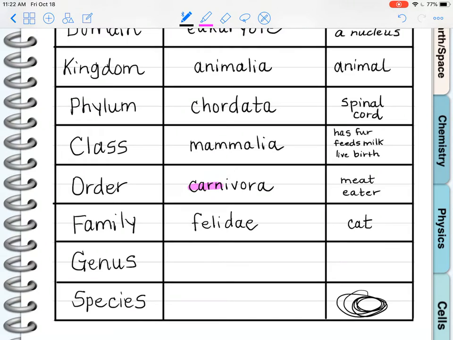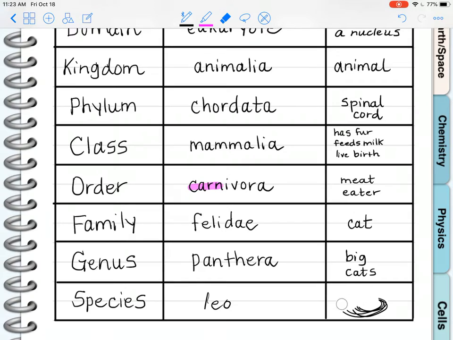So what if I tell you that its genus is Panthera? And you might be thinking, oh boy, it's a panther. Well, it may be, but Panthera literally means big cats. So this is probably not the cat that's at home asleep on the couch. This is a big cat. And here's the final clue. The species is Leo.